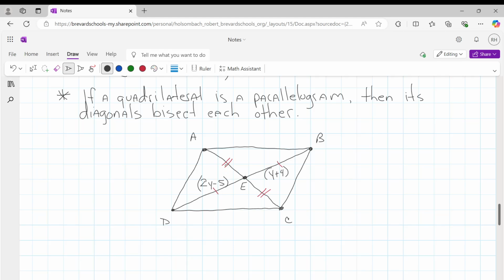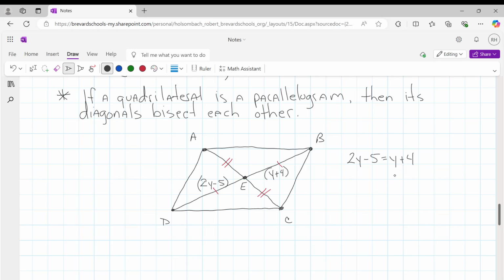Whether the tick marks are on here or not, if you're told that this is a parallelogram, then you know that each segment of this same diagonal is congruent. So we would take 2y minus 5, set it equal to y plus 4, and solve for y.